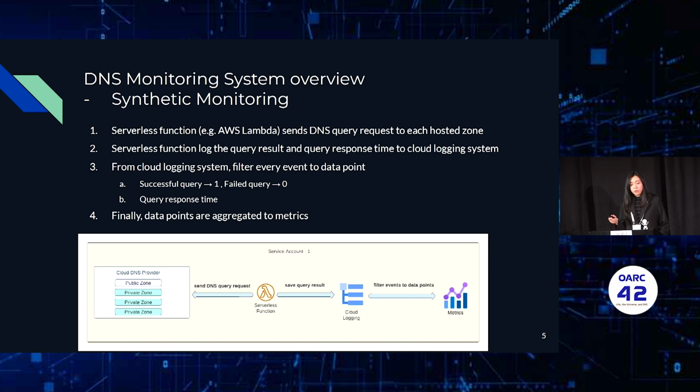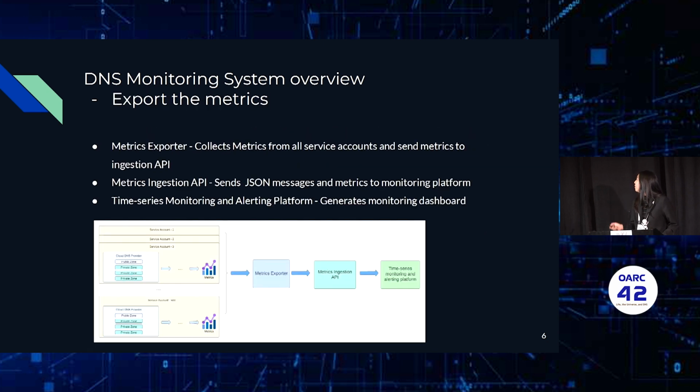This serverless function will send the query result and response time to the cloud logging system. That's where we filter events into data points. So for example, a successful query will be marked as 1, while failures will be marked as 0. And finally, all the data points will be aggregated into metrics.